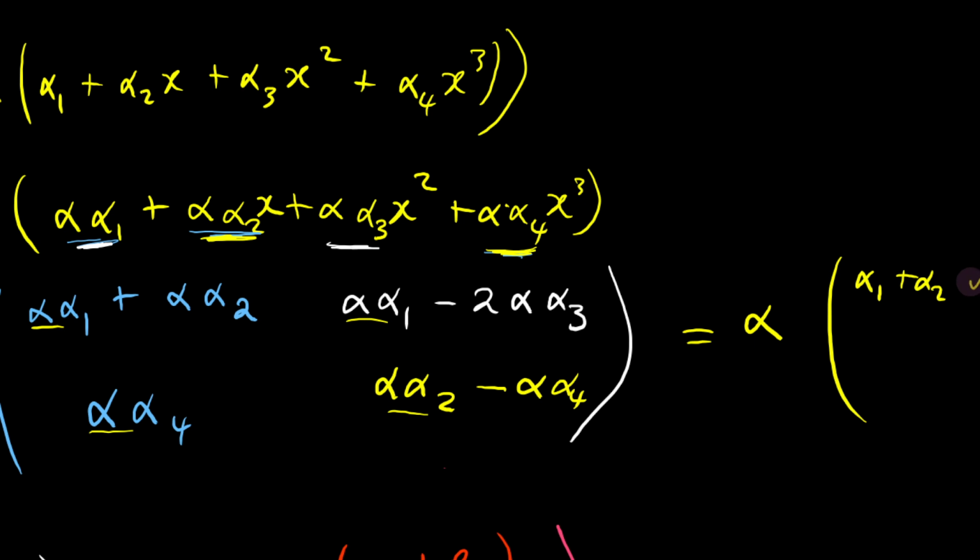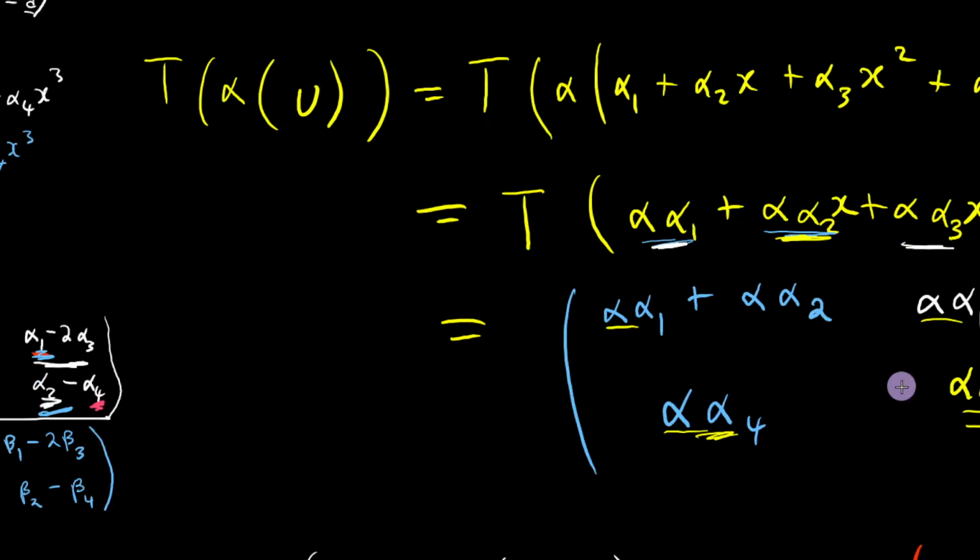Then here we have alpha 1 minus 2 alpha 3. Then here we have alpha 4. Then here we have alpha 2 minus alpha 4.